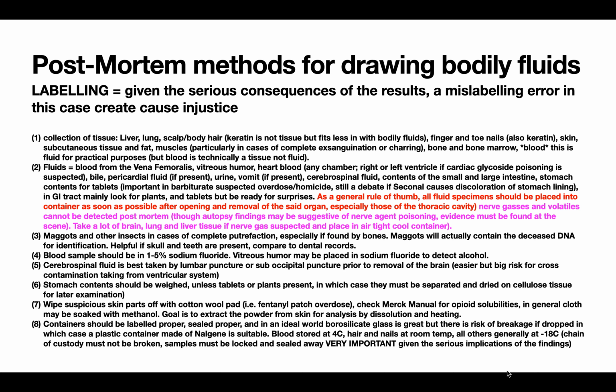The same for vitreous humor. You can add sodium fluoride if you suspect alcohol poisoning. Heart blood is drawn from any chamber except if you suspect digoxin poisoning. Right or left ventricle is preferred.